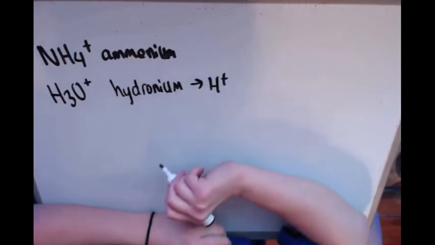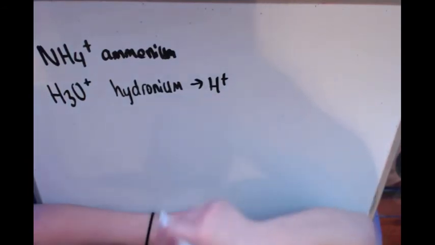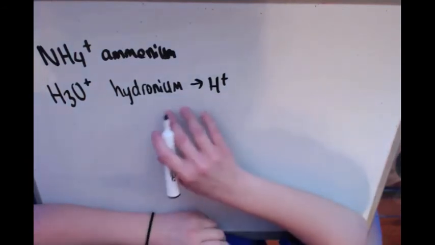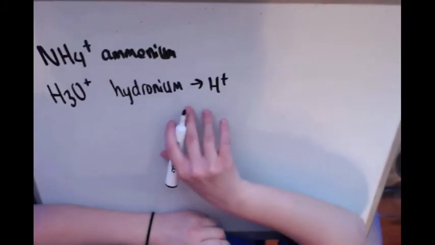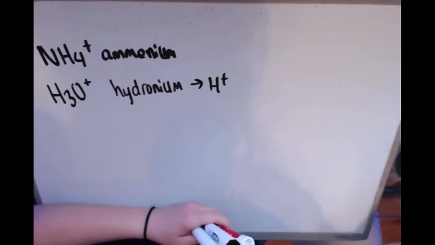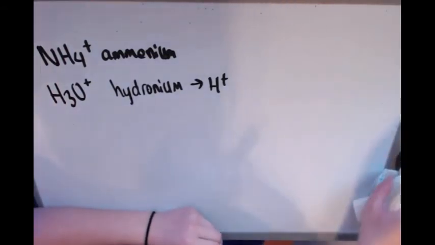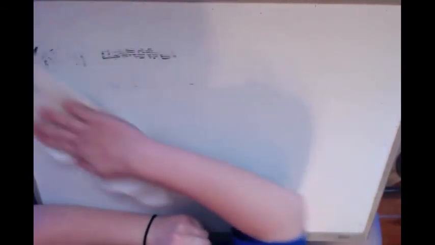In another video I'll try to explain that. Otherwise you can look on Google, you can look on YouTube, you can look in your textbook and learn more about that, but that has to do with acids. So 2 polyatomic cations are right there, ammonium and hydronium. So let's get into all of the wonderful polyatomic anions.